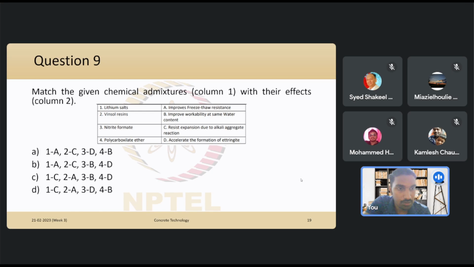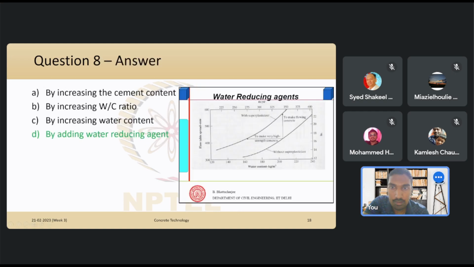Okay, option D in the previous question is alternately said about super plasticizer. Here we are saying water reducing agent in option D, which is the same as super plasticizer. They are both referring to the same thing, right? Sometimes we use plasticizers, sometimes we use water reducing agent.